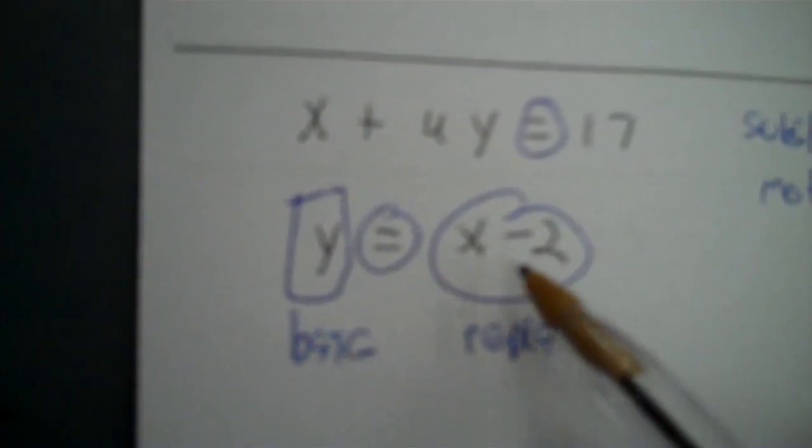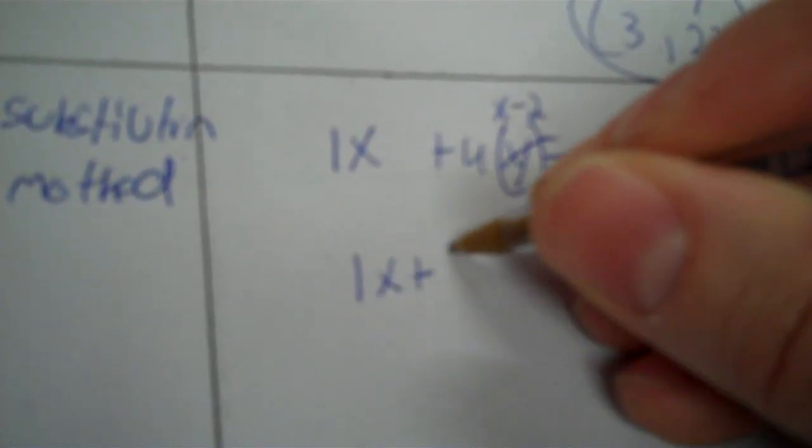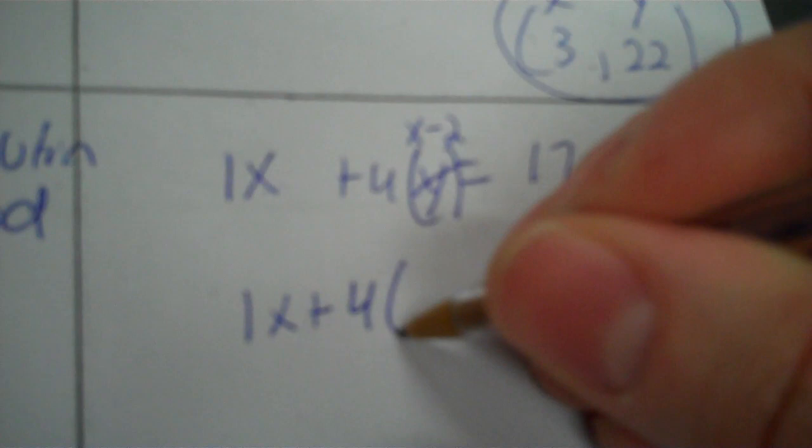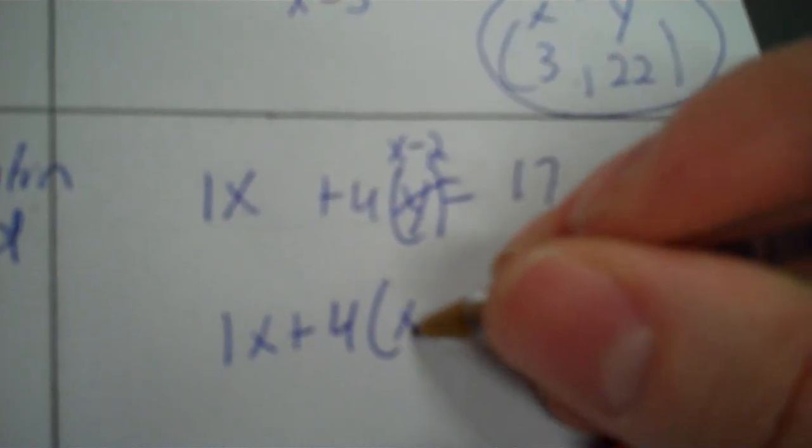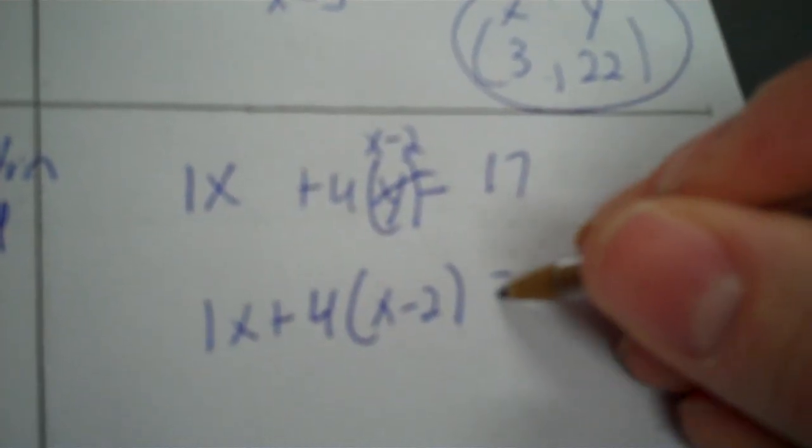Okay. And above it I put the replace expression of x minus 2. So you have 1x plus 4. And then now instead of y, we're going to put x minus 2 into that equals 17. Okay, now we have to distribute our 4 to 1x, and make that a plus negative 2.